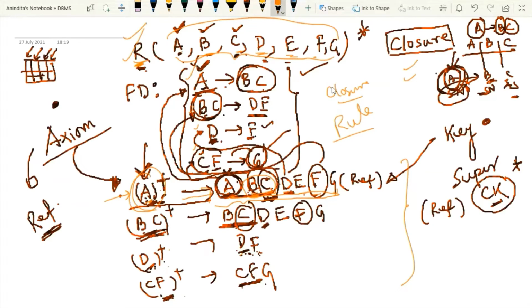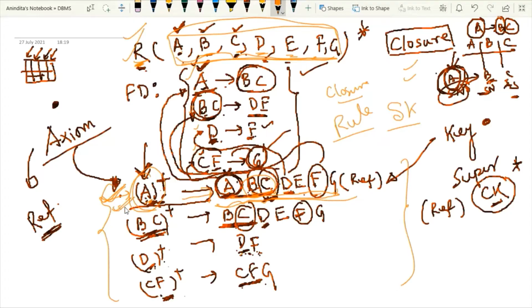What is the definition of a super key? After calculating the closure, if you find in the RHS all the attributes present in the relation, then this is known as a super key. For this relation, which one is your super key?